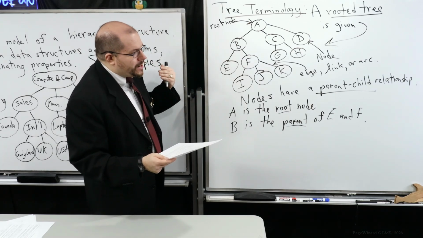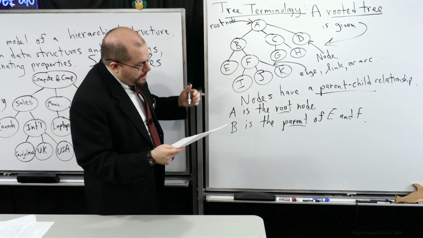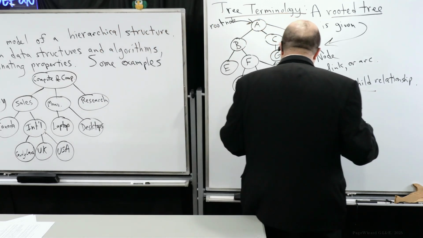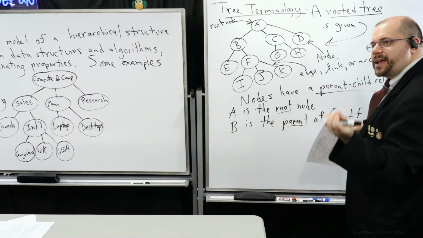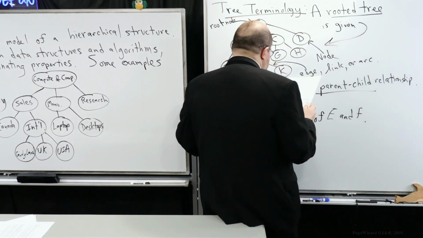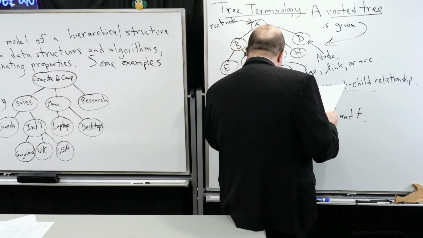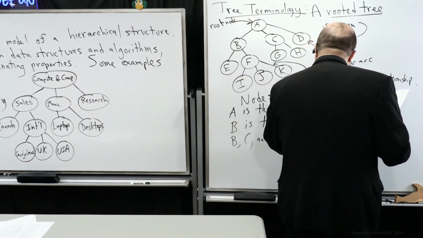I'm not going to be talking so much about siblings here, but I just wanted to point that out. But again, I just want to remind you that we're going to care a lot about this idea of a parent. We're also going to care about what a child is and how many we have sometimes. So, for example, B, C, and D are children of A.